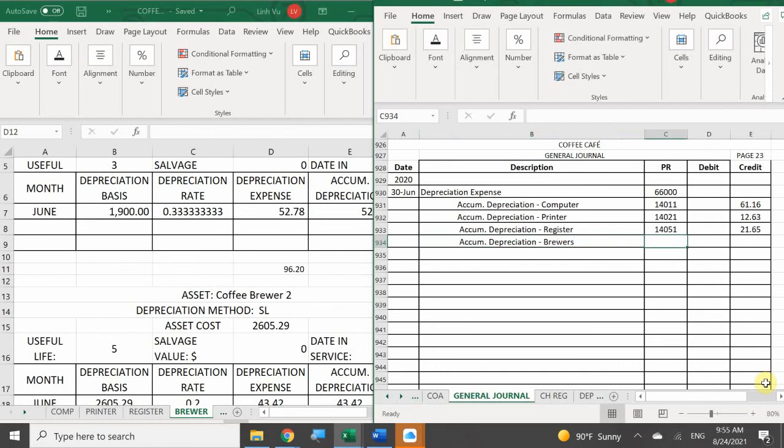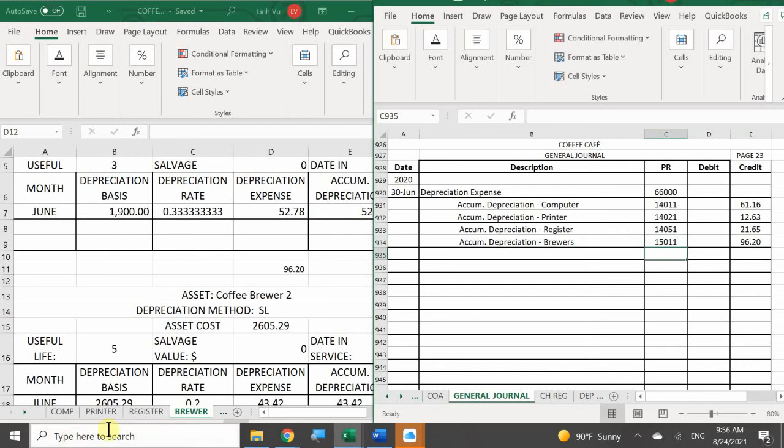Correct. $96.20. Okay. What's my account for the accumulated depreciation for the brewers? 15011. Okay, good.